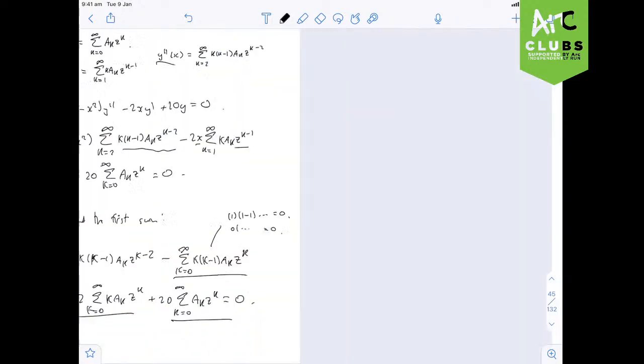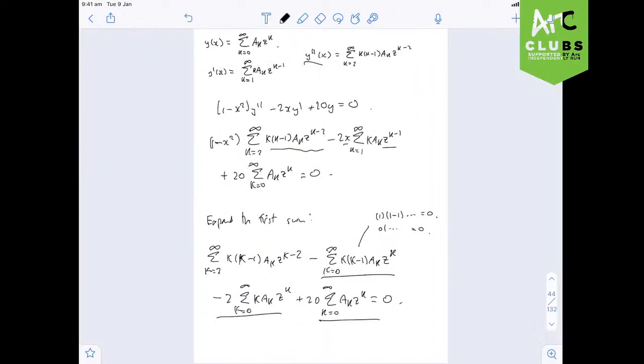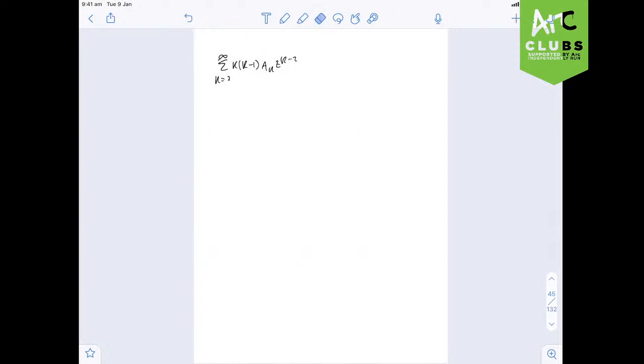So, where were we? Yeah, so let's combine the sums. The first one stays the same. But the second one, we can combine it to a big sum. I think I'll do a negative instead.